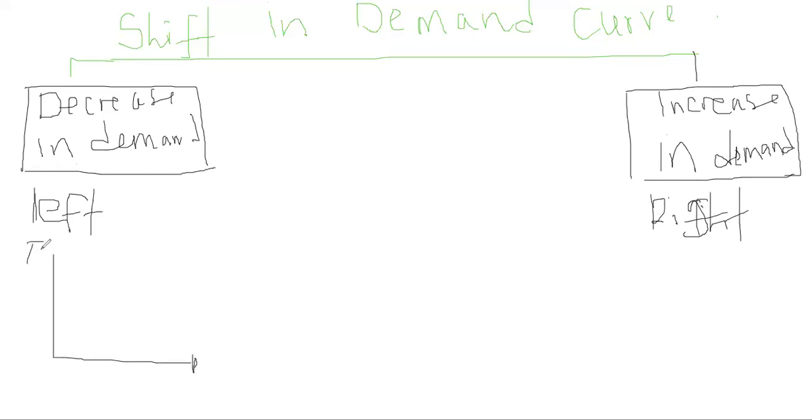So other than that, for example, let's say we start with this. We have our price and we have our quantity, and a demand like this. Let's say at the price of 2, the quantity demanded was 4. So when we say decrease in demand, or shift of demand to the left, what we mean is that the demand curve will shift here.